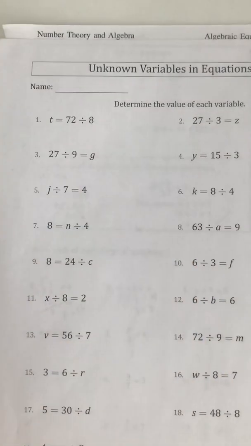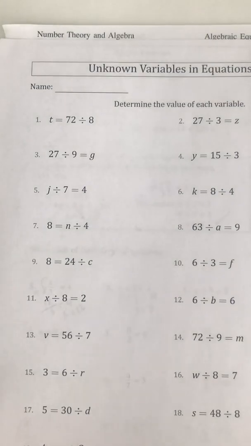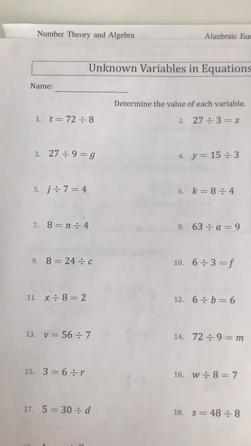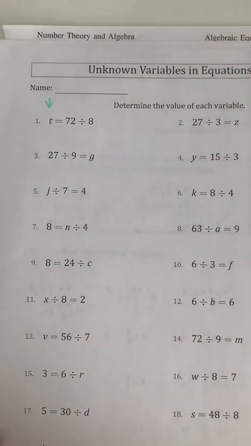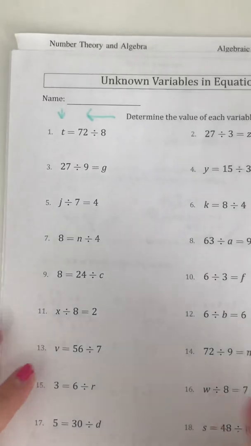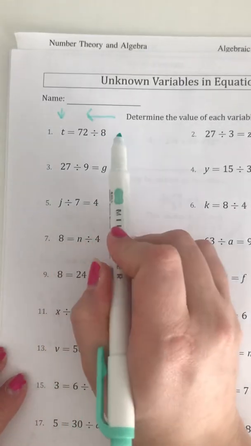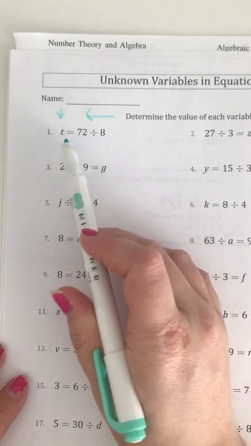So again, just as a reminder, it seems like a lot of students, when they do equations where the letter is to the left here, they automatically want to go this way because it seems like it's backwards and it should be going this way, like 8 divided by 72 equals t.